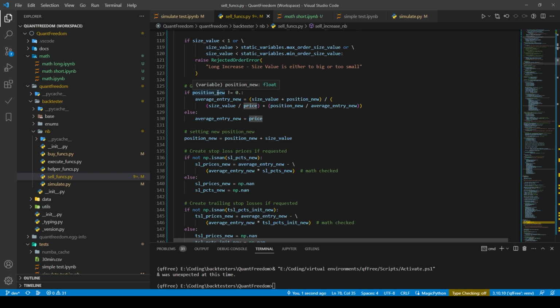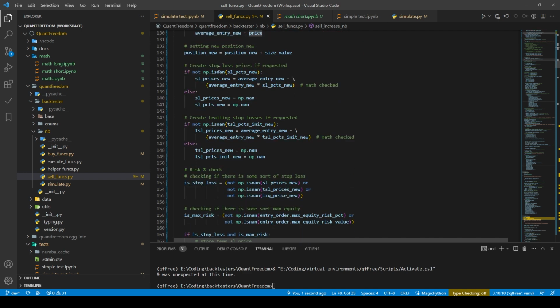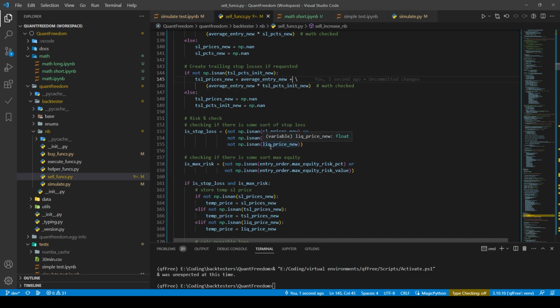The position new does not equal 0. Average entry equals size plus position new divided by size plus new position. I think that's fine. I think this is where we have a problem. Stop loss price is average entry plus this, because we need it to be above the percents.